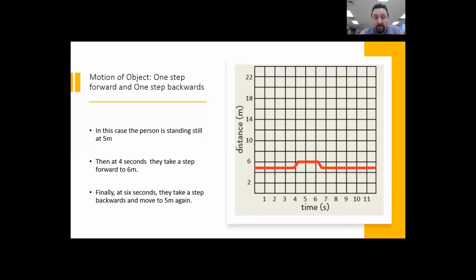The diagonal going from left to right represents going forward, and the diagonal going from right to left represents going backwards. This is a graph of a person moving forwards and backwards.